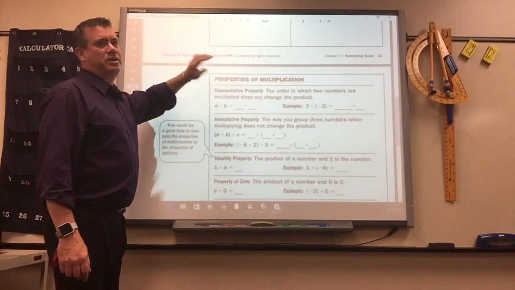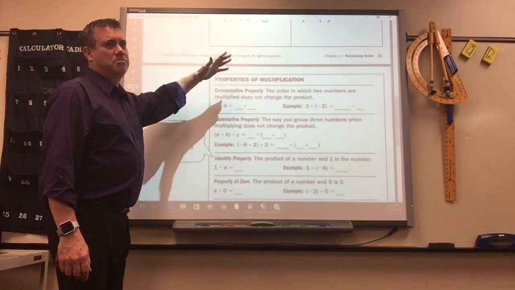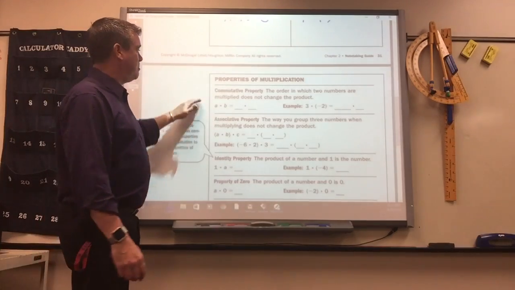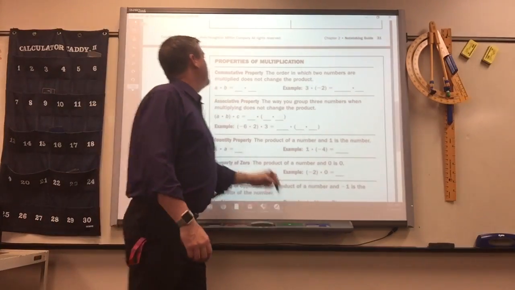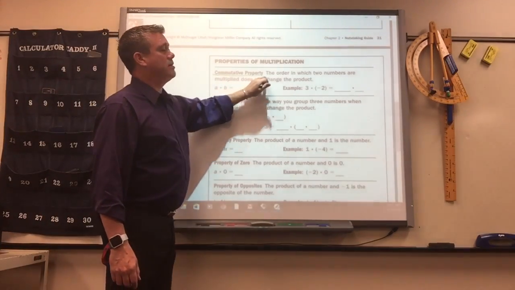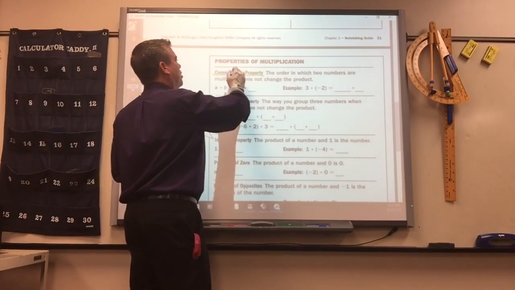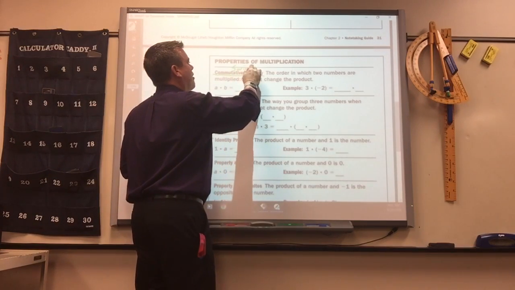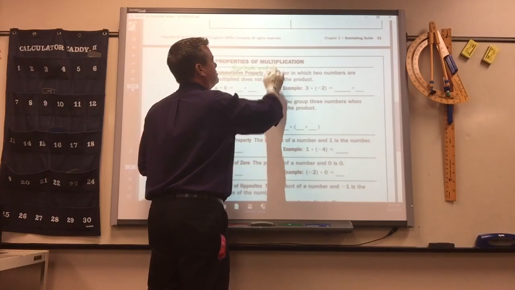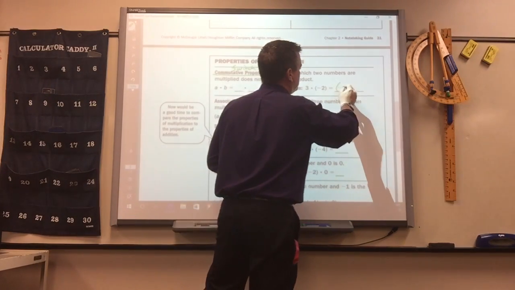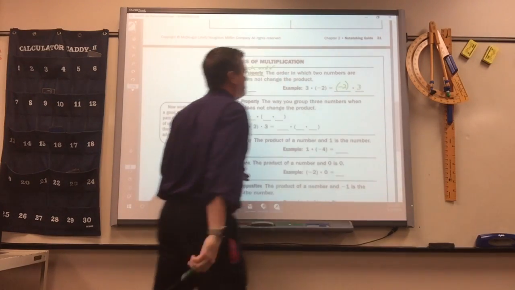Properties of multiplication. We did the properties of addition. Properties of multiplication are the same, except with multiplying. Multiplication is commutative, which means you can switch the order. 3 times negative 2 is the same as negative 2 times 3.